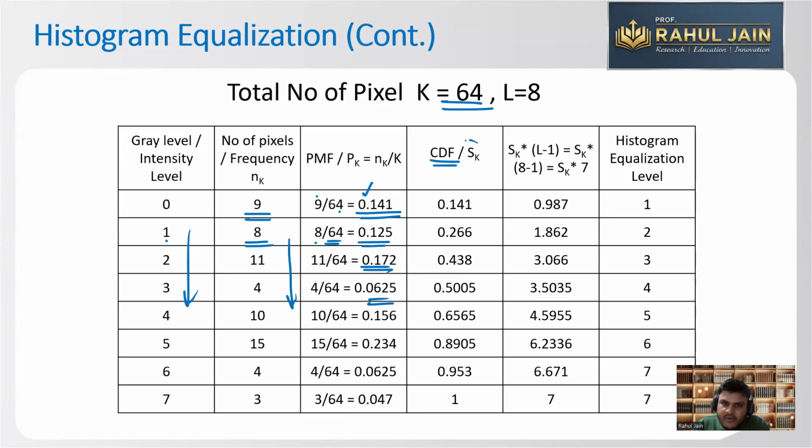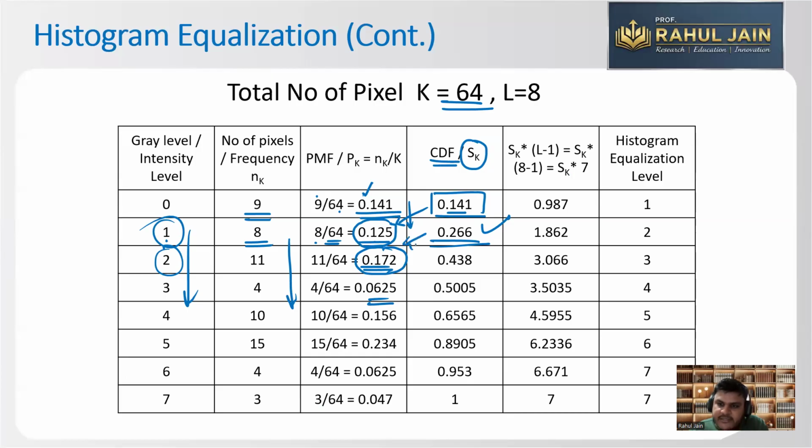Thereafter the CDF value, which we can represent with Sk: keep the first value as it is. Then from the second value onward, let's say the second value is 0.125, add the previous CDF value to it. So 0.141 plus 0.125 is 0.266. This is the CDF value for intensity level 1. For intensity level 2, the PMF value is 0.172.